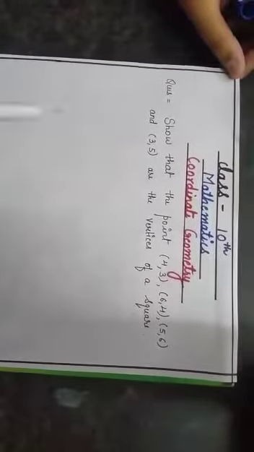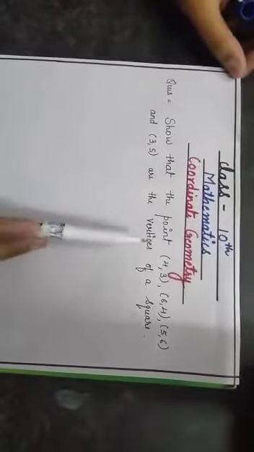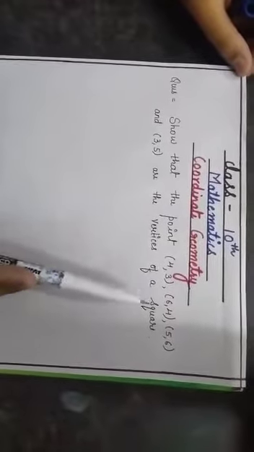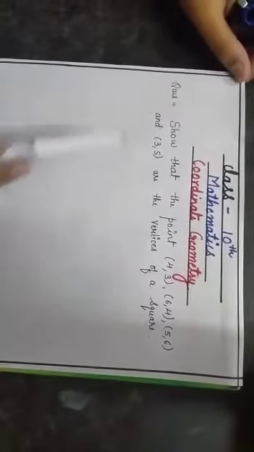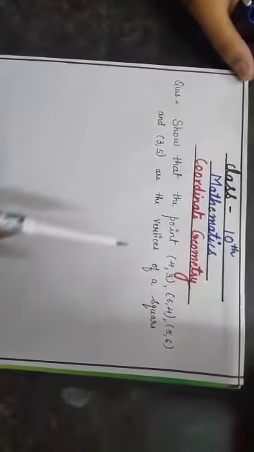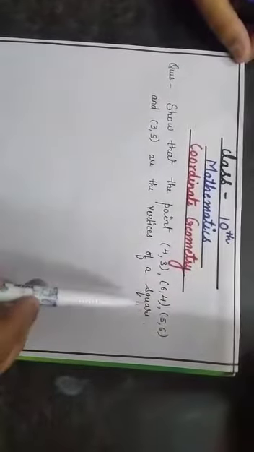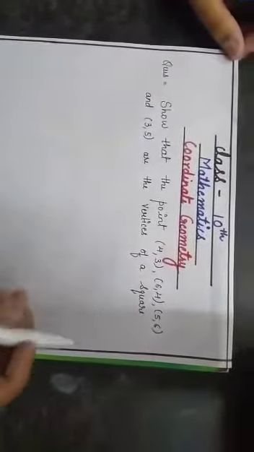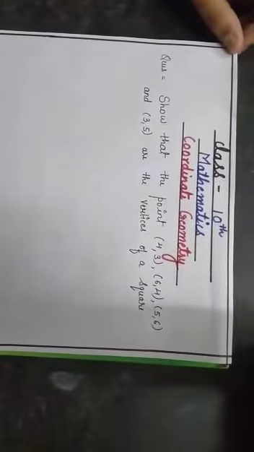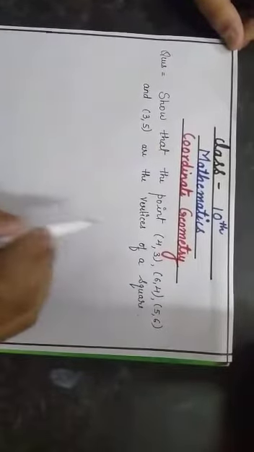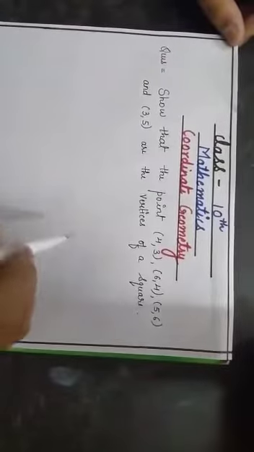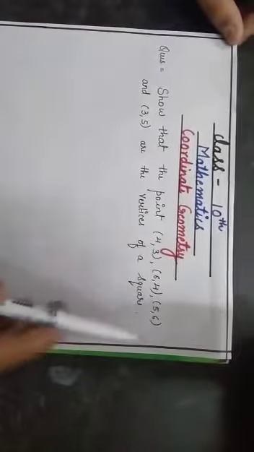Hello students, the question is: show that the points (4, 3), (6, 4), (5, 6) and (3, 5) are the vertices of a square. Now in this question we have to show these points are the vertices of a square. So first of all I'll draw a simple diagram of a square and mark its vertices.